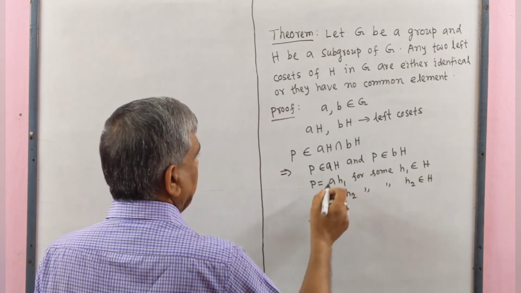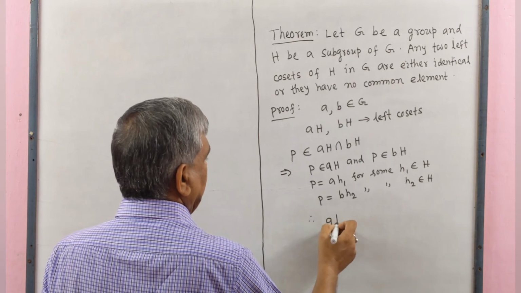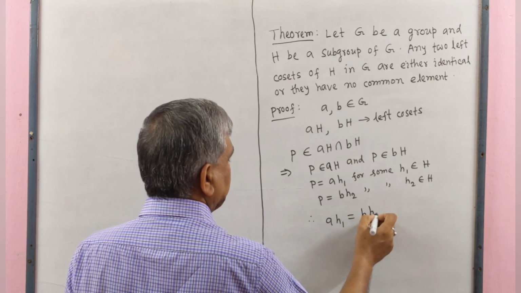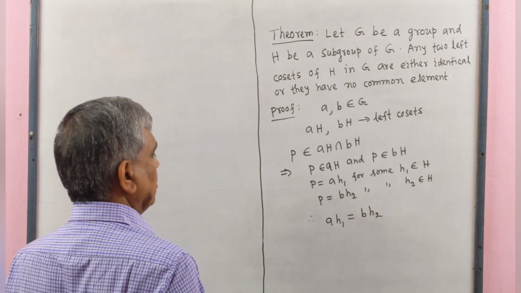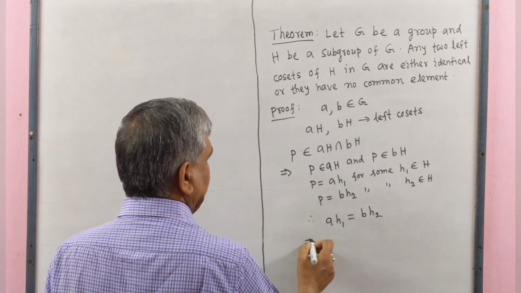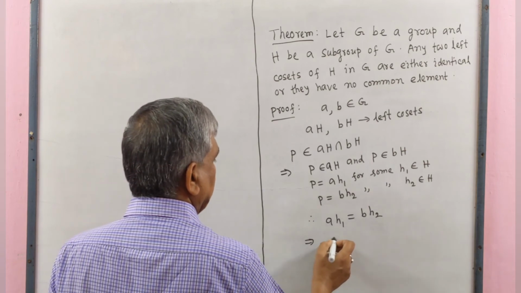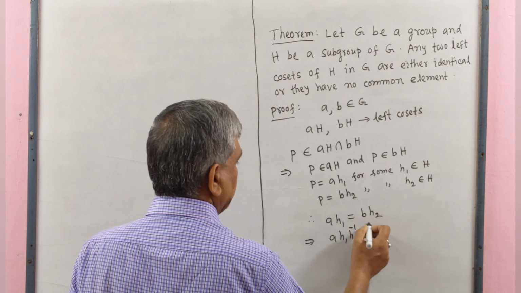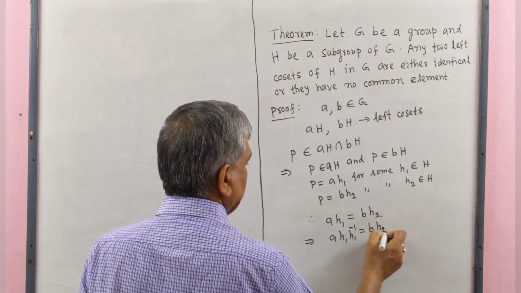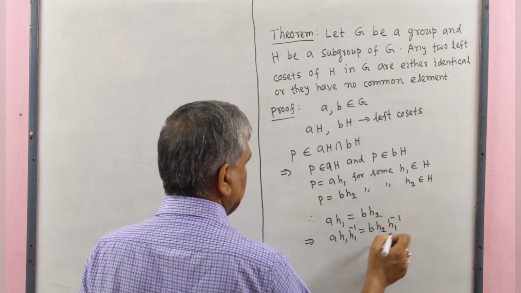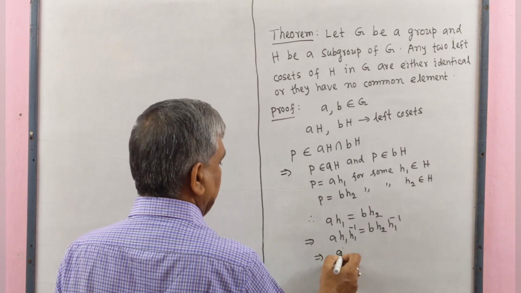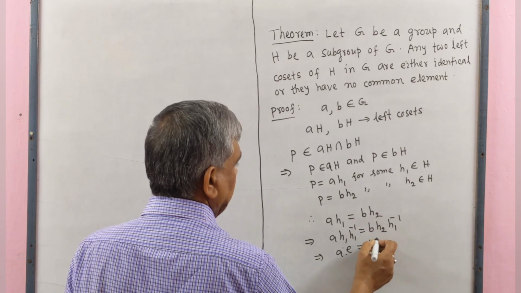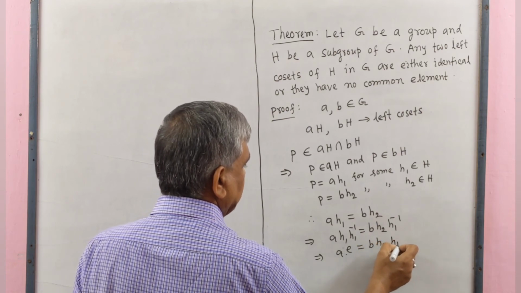Therefore, ah1 equal to bh2 implies that ah1h1 inverse equal to bh2h1 inverse, implies that a, this means identity element, equal to bh2h1 inverse.